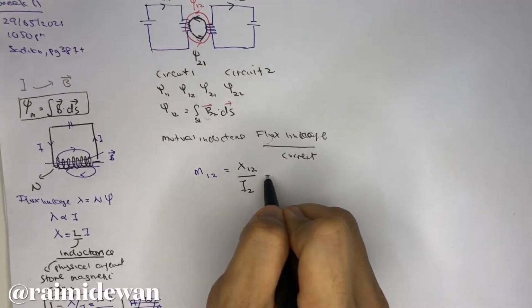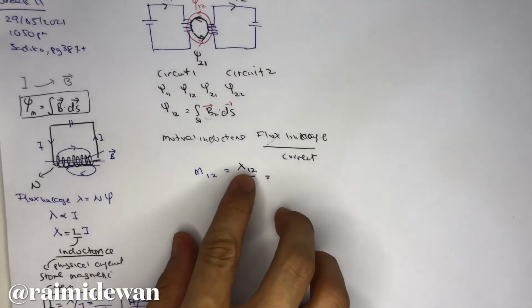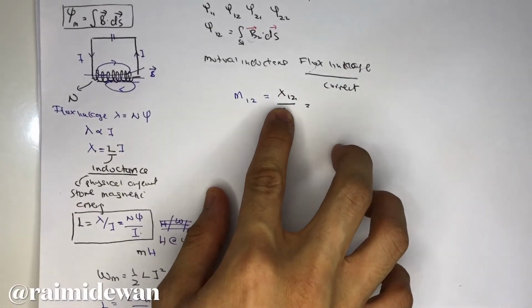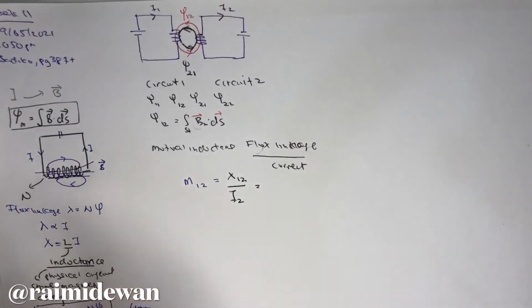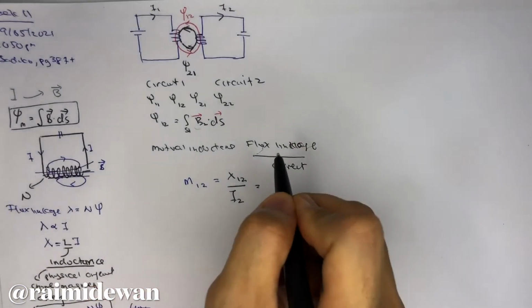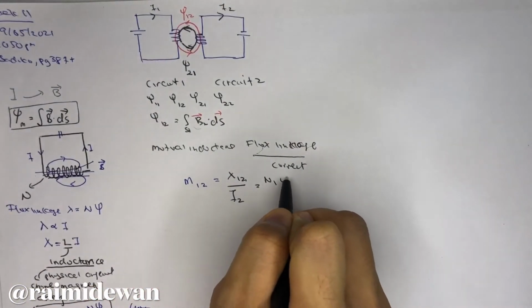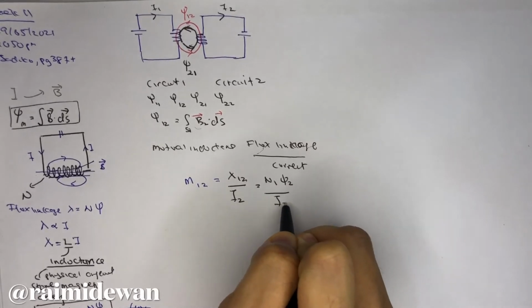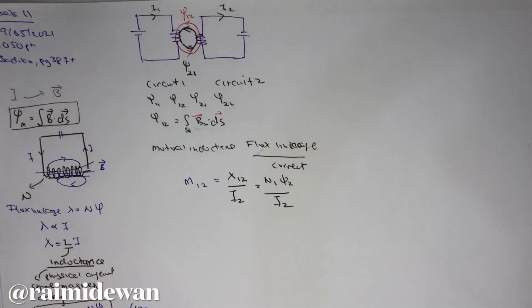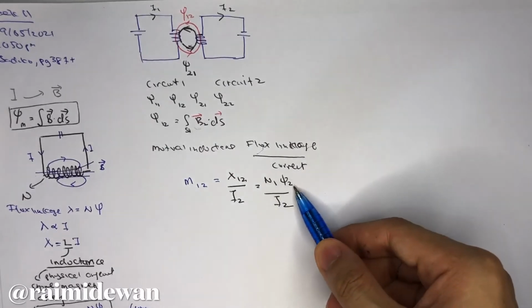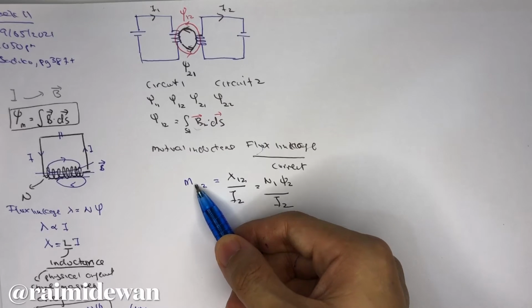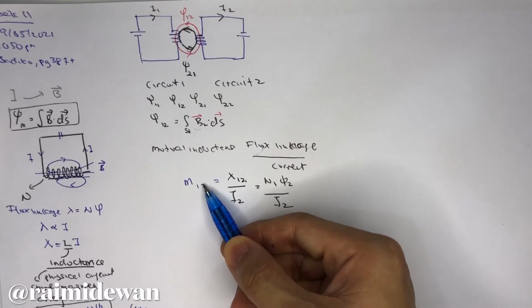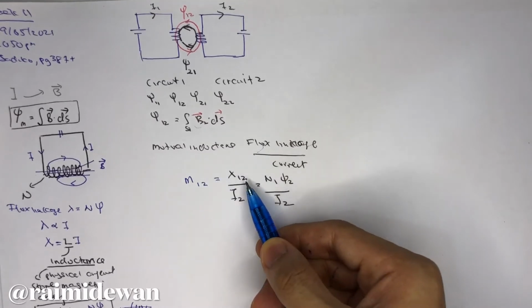Further expanding this equation, you get N1 over flux 2 over I2. You need to know the meanings of this. This one is quite straightforward, because this is the mutual inductance experienced by circuit 1 due to current passing through I2. So that's why we have the same here.